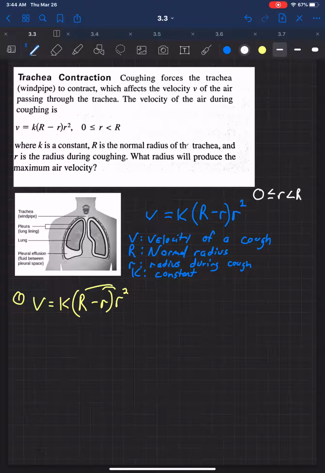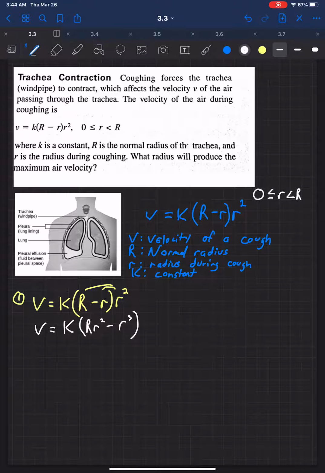I have not taken the derivative yet. So v is still going to be k, and now it's multiplied by big R times r squared minus, well, r times r squared is r cubed.